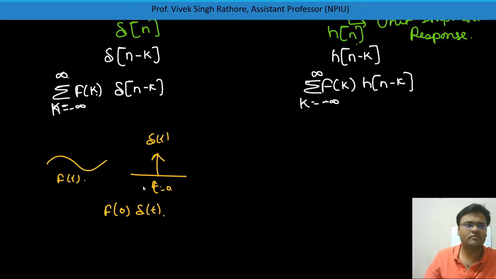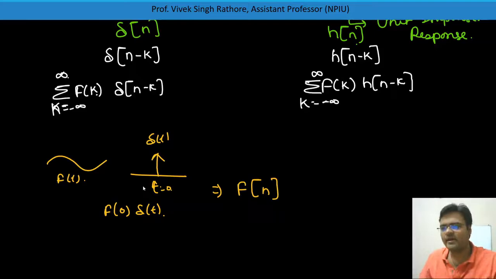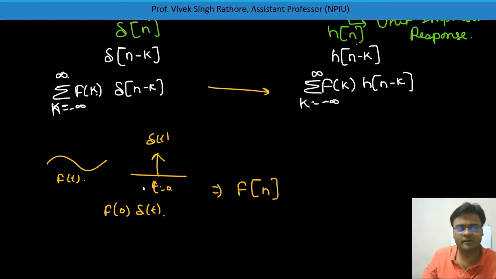Like this here also, if f of k is multiplied by delta of n minus k, and the summation is done, this term will come as f of n. Okay, f of n, and f of n will be the response. See here, this is giving us this response.